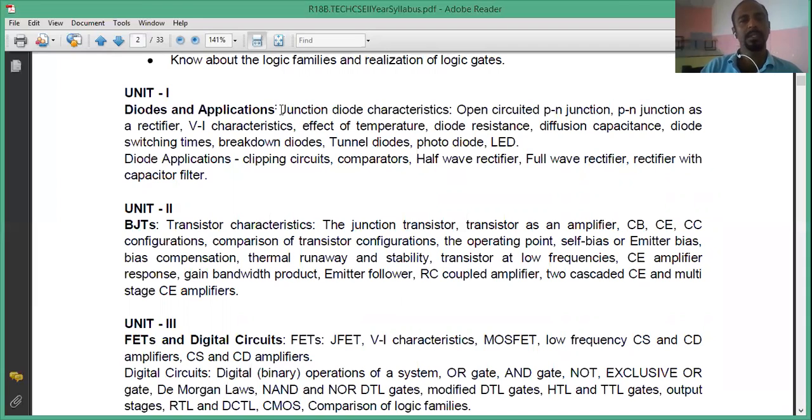So here you will again study the same topics, but with more applications of those diodes. And again, we are going to study different types of diodes available. Not all diodes, there are a lot of diodes available, but a few diodes that you are going to be studying.